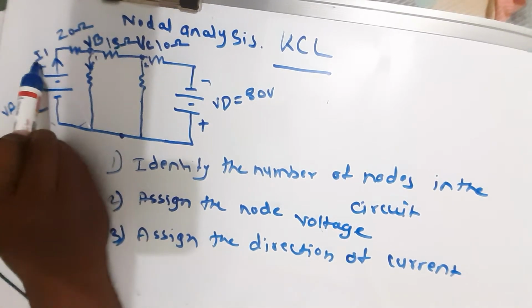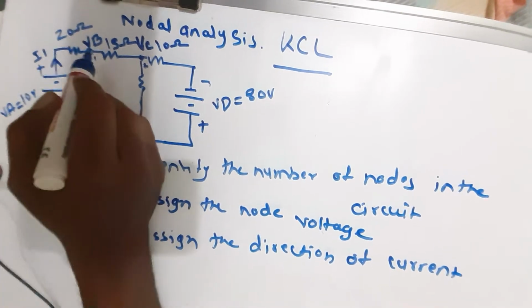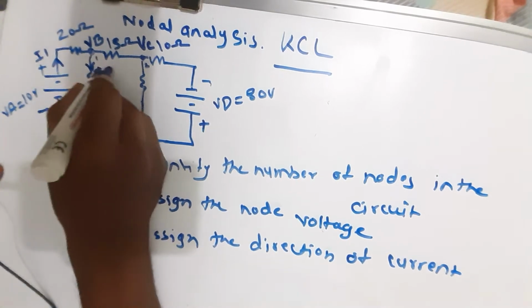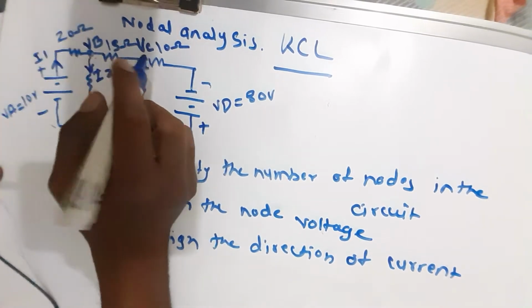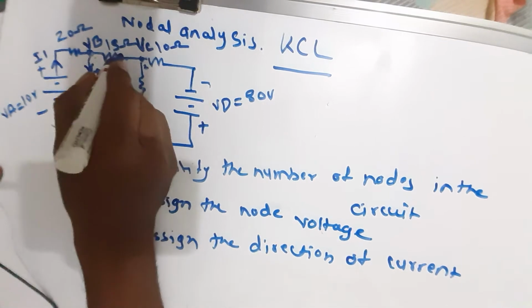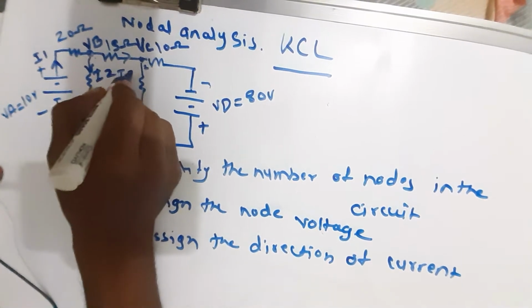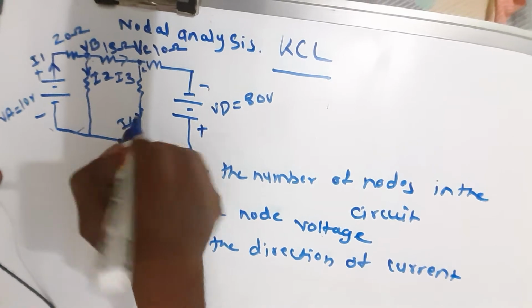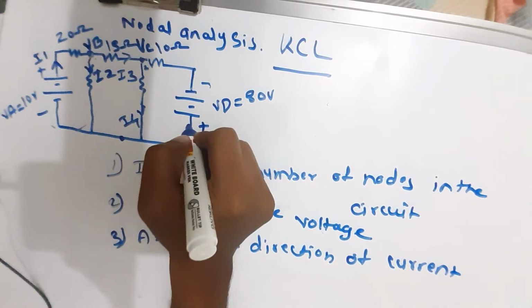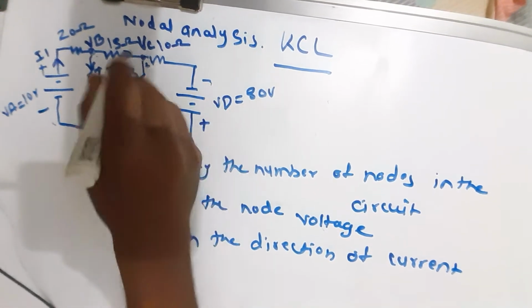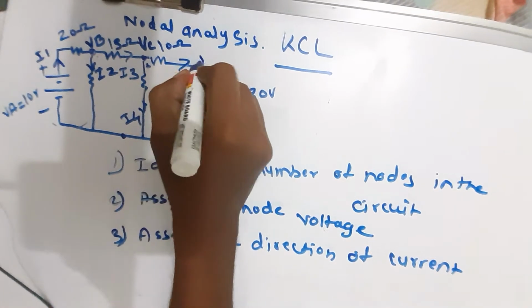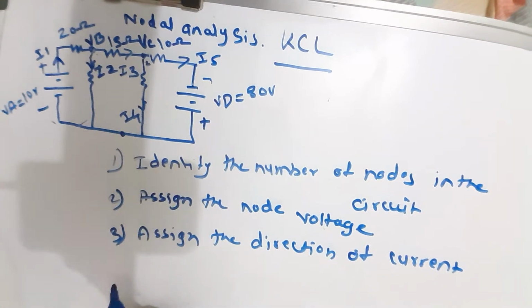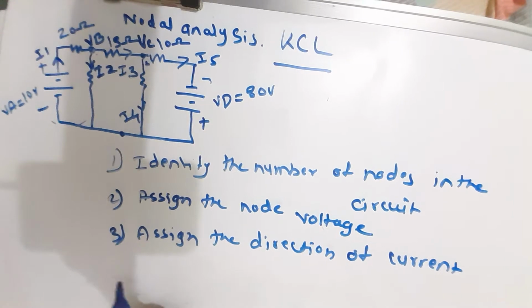So I will mark this one as I1. This one I will mark as I2. Then for this branch I will mark I3. Then for this branch I will mark I4, and here the current is flowing from plus to minus. So for this I will mark I5. So there are 5 currents.